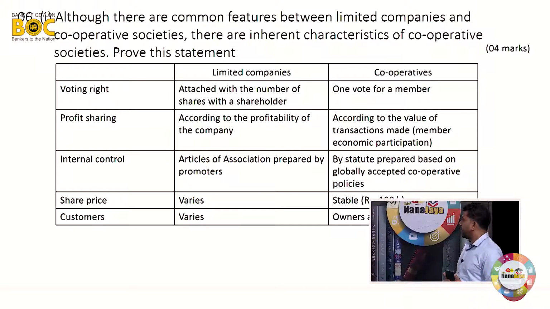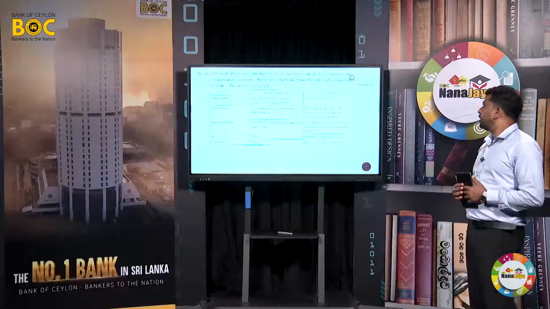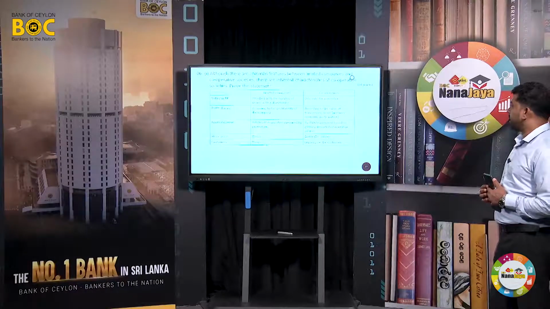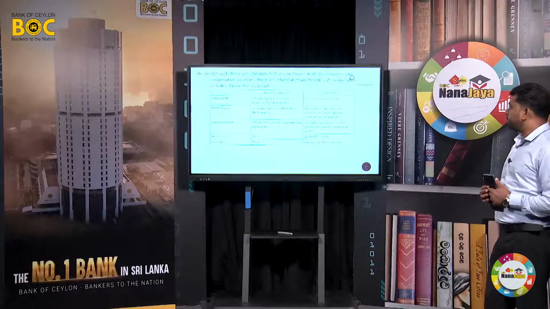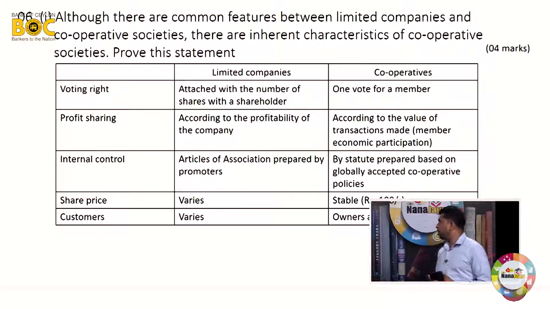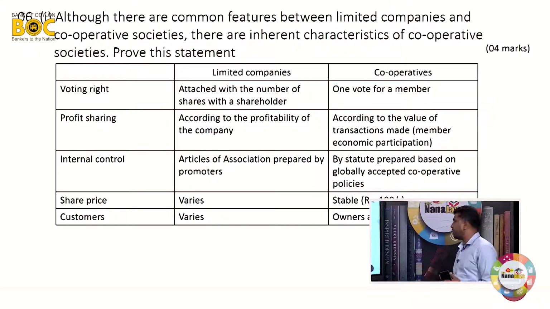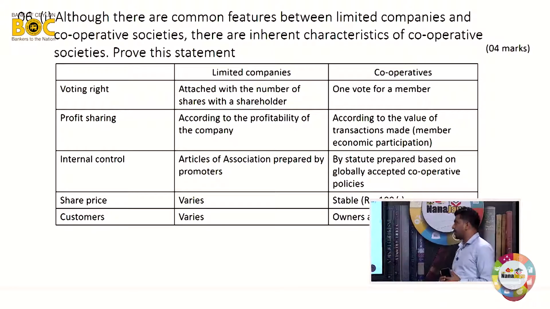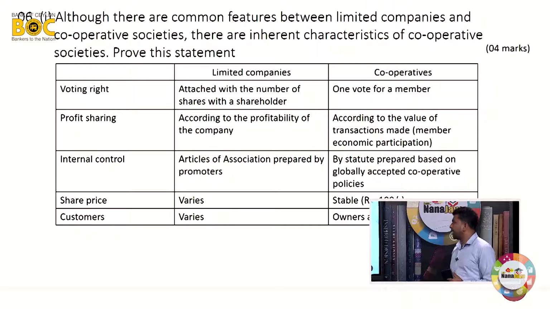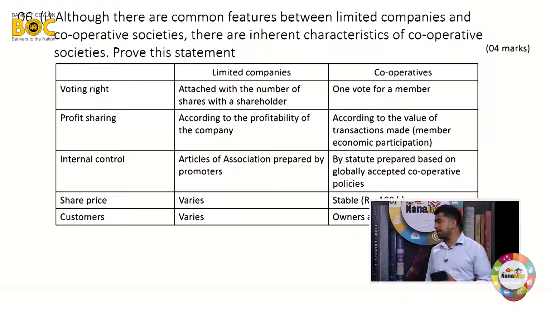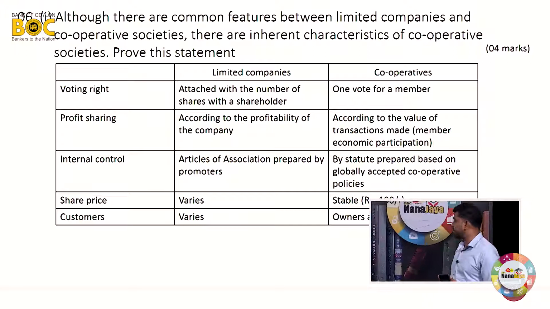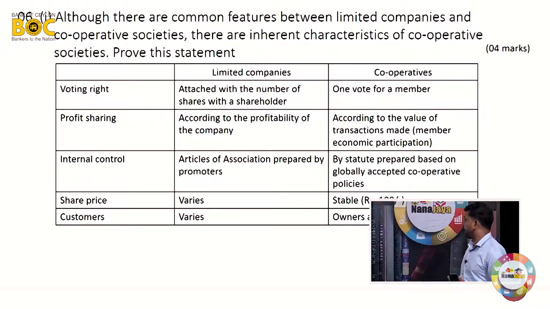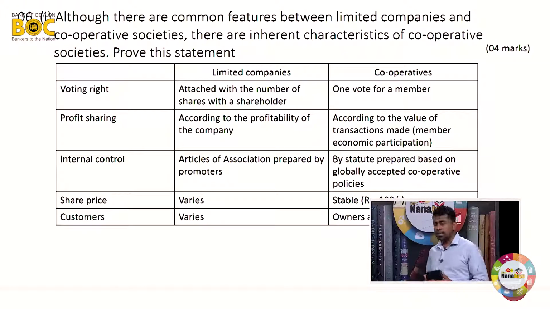This is done by articles of association, which is prepared by the promoters. In cooperative societies, it is done by using the interim constitution or by statute, which is based on globally accepted cooperative principles. Share price in limited companies varies according to different circumstances, but in cooperative societies, there is a stable share price, that is 100 rupees.